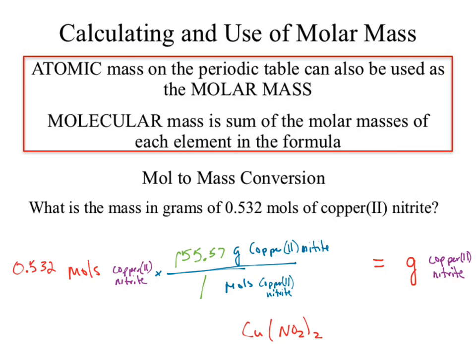Okay? We have a numerical representation, we have a unit measure, and we have a substance. What happens if you miss any one of those? You're wrong. Do not leave those pieces off. You have to show every single one.